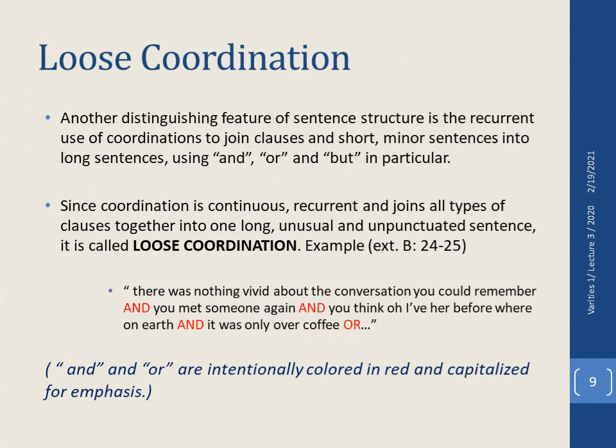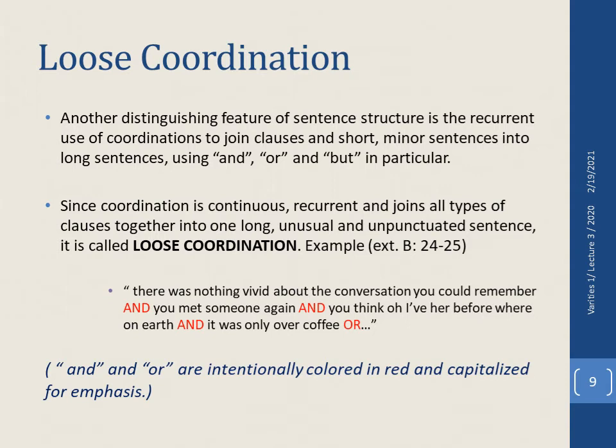For example, in extract B, lines 24-25, we have a very interesting example: a very unusually long sentence joined all together by means of coordinations, which makes the sentence very loose.